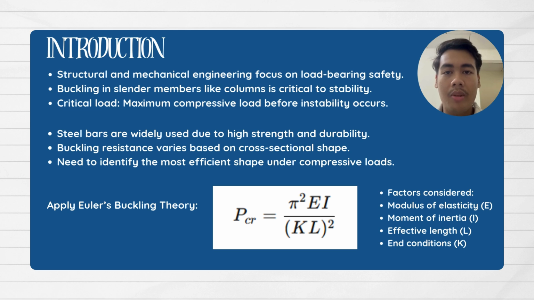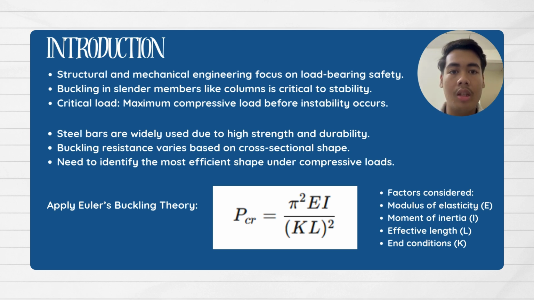Basically we apply Euler's buckling theory, that Pcr, the critical load, equals pi squared EI over KL squared. E is the modulus of elasticity, I is the moment of inertia, L is the effective length, and K is the end condition.